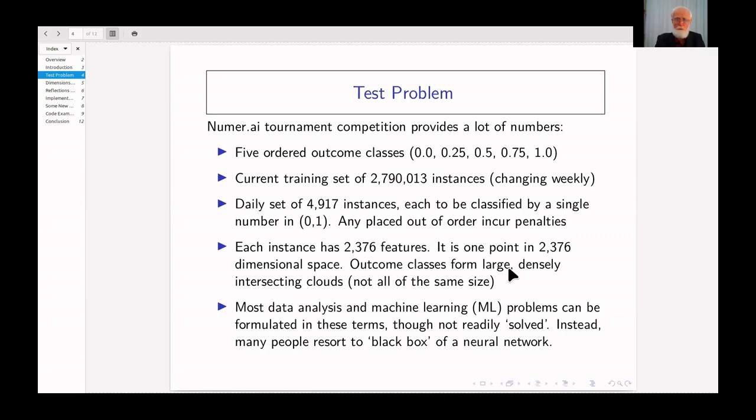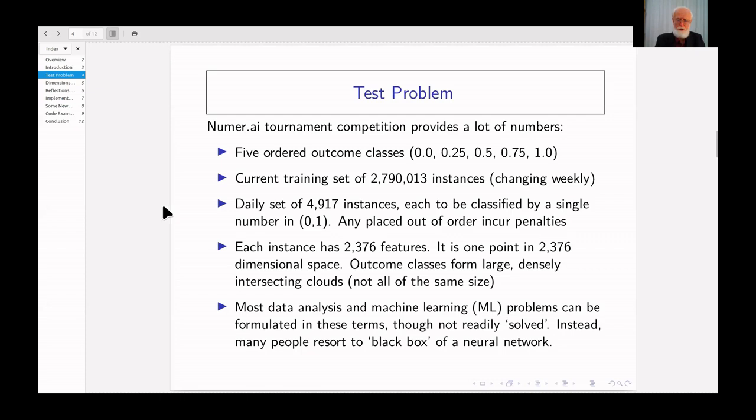So my problem is coming from a website called numer.ai, which is a tournament competition that uses anonymized data from the markets, and basically the people are predicting, classifying 5 different outcome classes which are numbered 0 to 1.